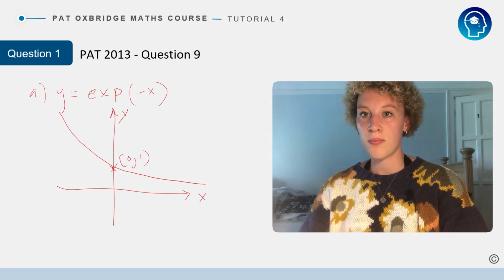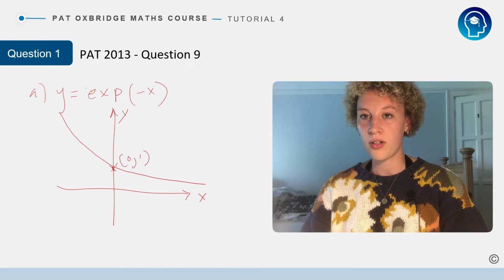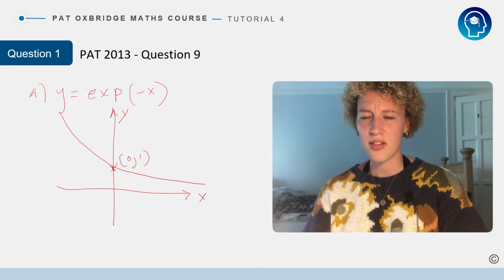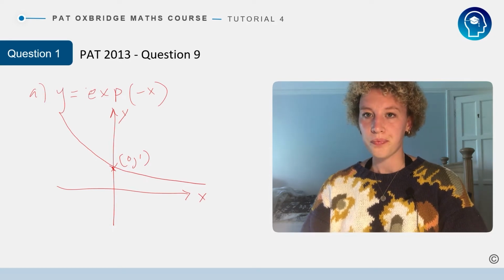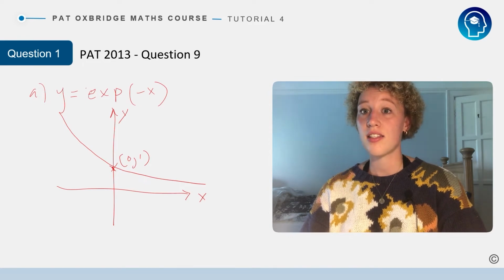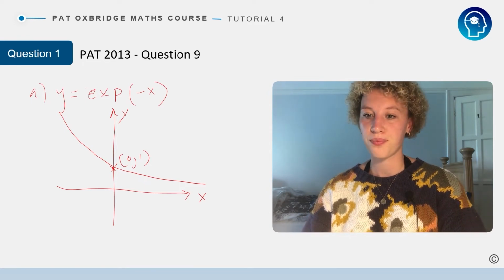Just be used to sketching well-known graphs like this and be comfortable with reflecting graphs in your head, and know how to apply reflections in the y-axis or the x-axis, as this will add more fluency to your answers and cut down time in your exam.